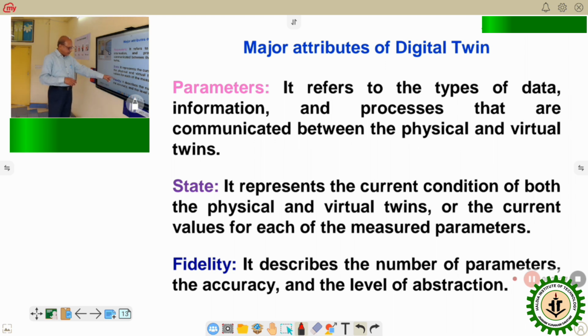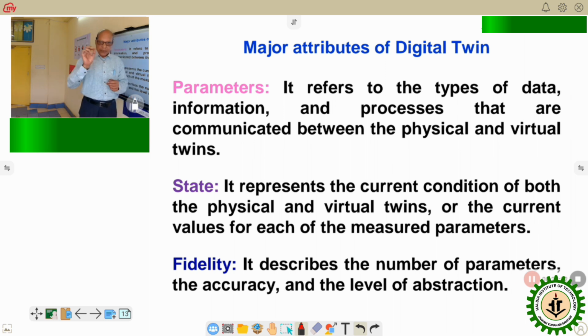Fidelity is a very interesting and most important attribute of a digital twin. It describes the number of parameters, their accuracy and the level of abstraction. Comprehensively, we want to create a complete digital twin which will be 100% identical to its physical counterpart. While transferring the data, the sensory data which are captured and sent may not completely capture the true or actual data.